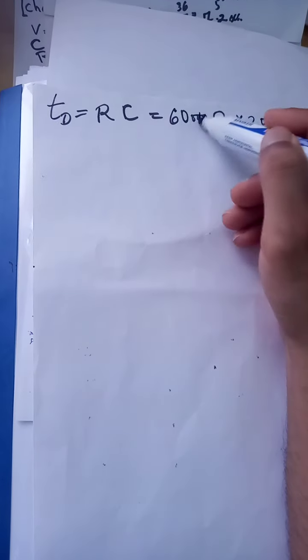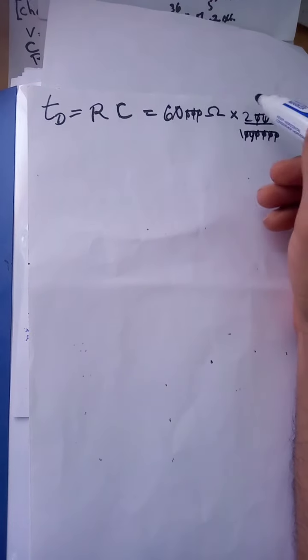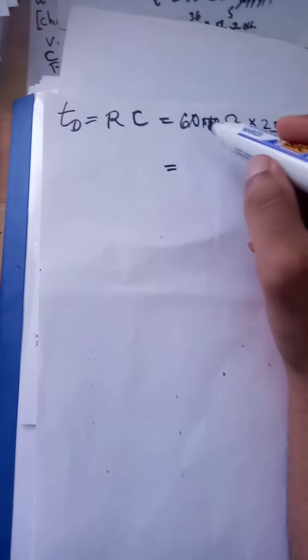I'll cancel 4 zeros out here, 2 zeros here, and that'll be 12 seconds.